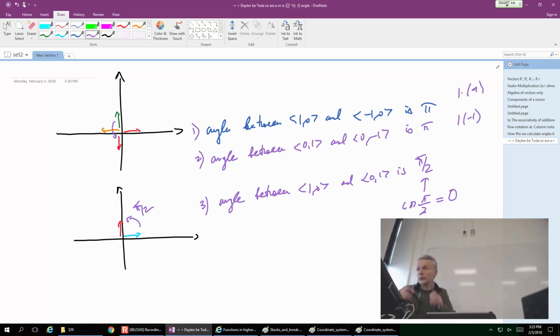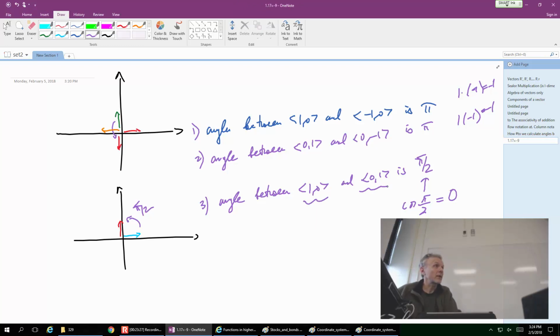Okay, so the question is, how do we get 0? 1 times negative 1 gives me negative 1. That's the cosine of pi. Same story here, right? But this time we got 0. How do I get the 0 from these? 1 minus 1? Almost. No, there is no minus.